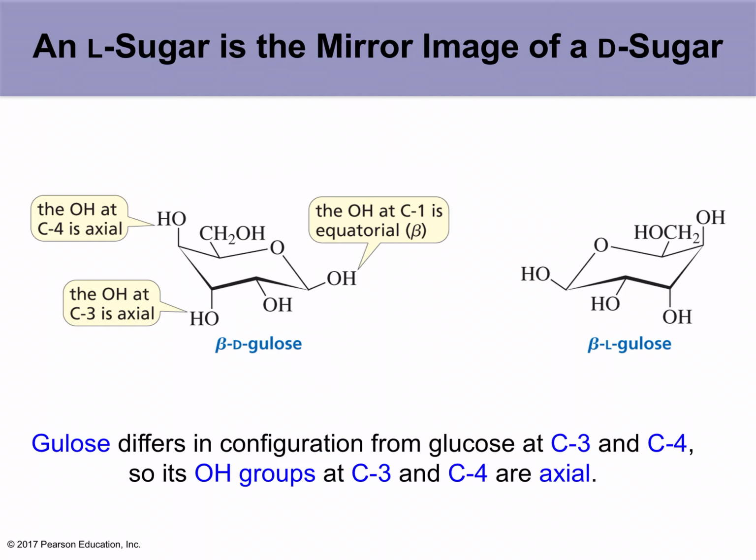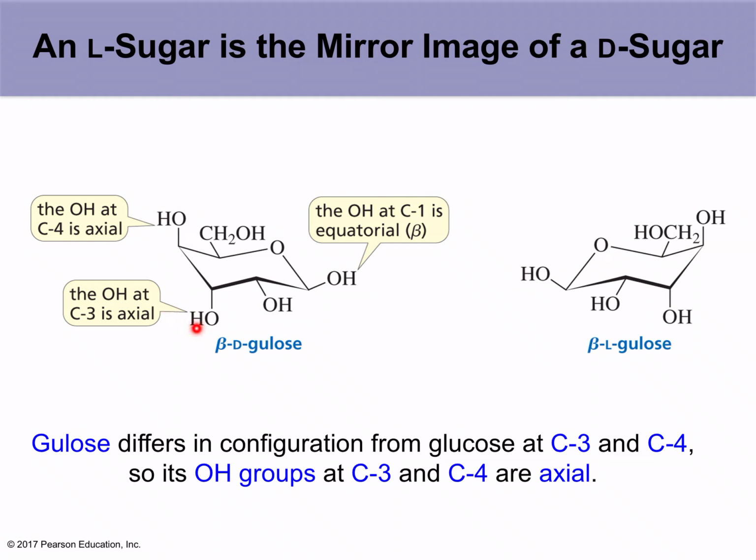This other sugar differs in configuration from glucose at C3 and C4, so its OH groups at C3 and C4 are axial. So there are two hydroxyl groups that are axial.